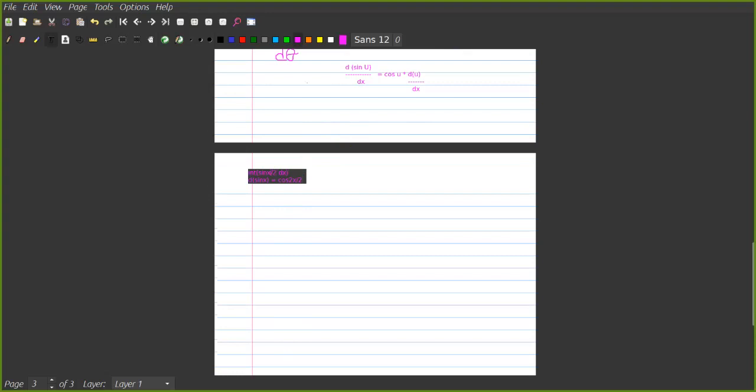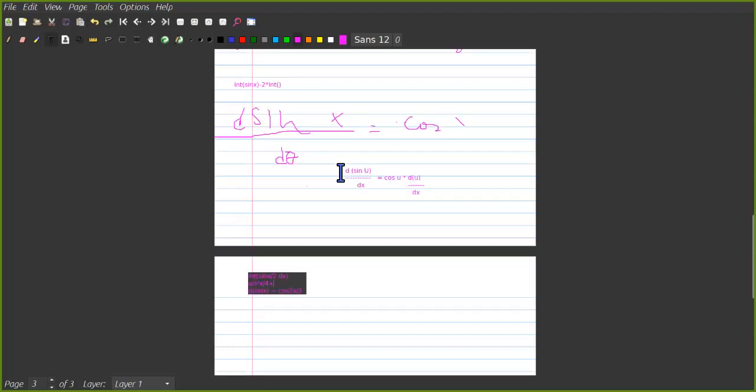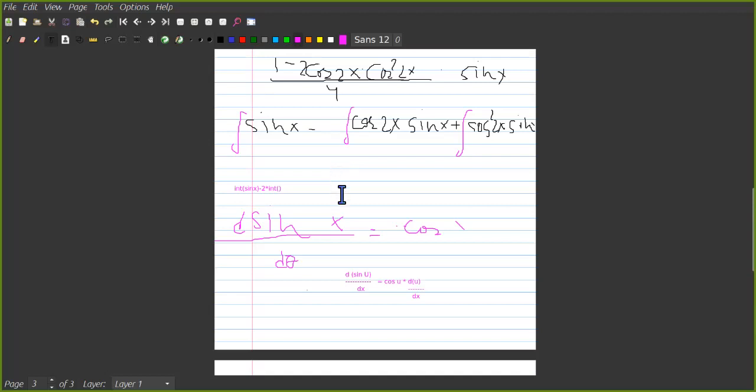So what we do is we sum 1 over here, so we have sine squared of x divided by 2, but then we had 2 back there, so it's 4. Now we sum this with cosine squared times sine x.